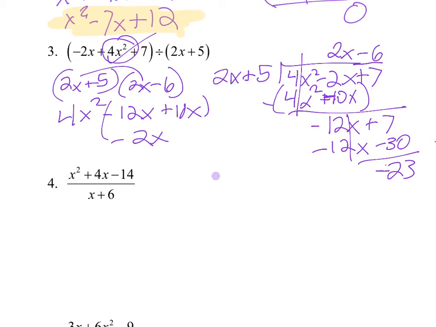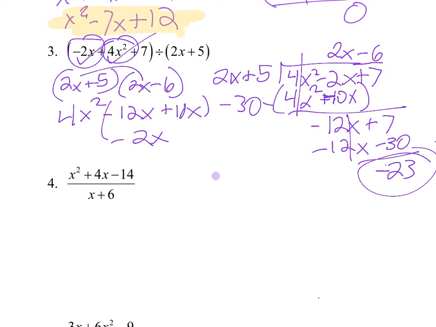So that's this one. Check. All right. And then I have 5 times minus 6, which is minus 30. Remember, I have to add my remainder.